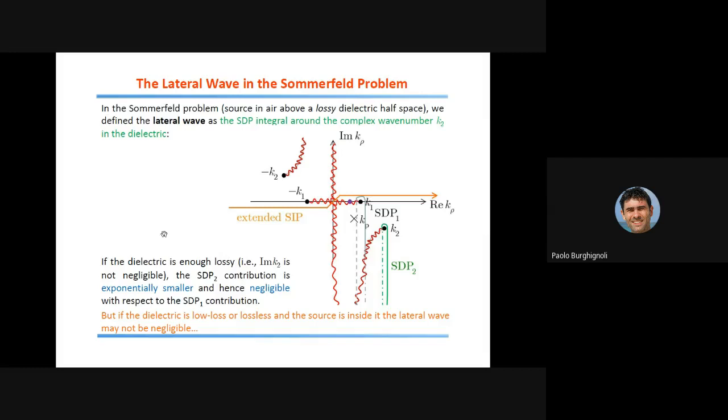And in addition, if the dielectric is lossy enough, like for example the ground, then this k2 wave number is a complex number with a non-negligible imaginary part, as in this figure, and therefore its contribution to the total potential is exponentially smaller than the contribution that comes from, for example, the other steepest descent path, the one represented here in gray.